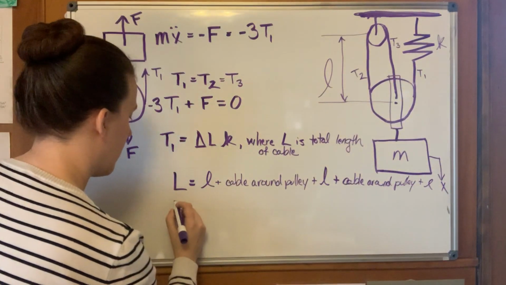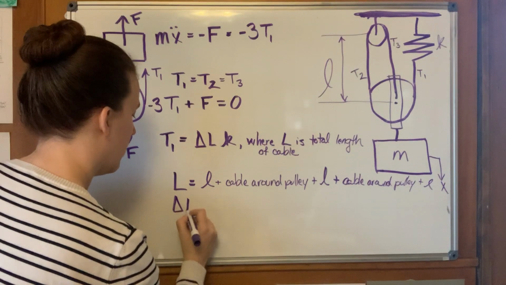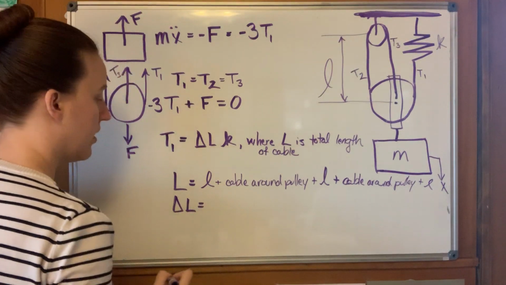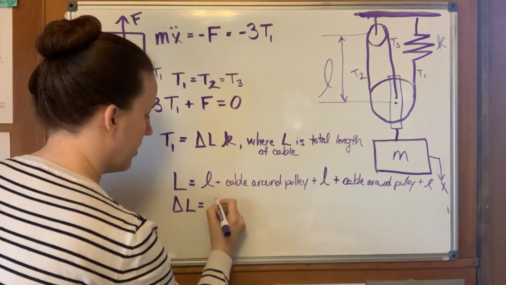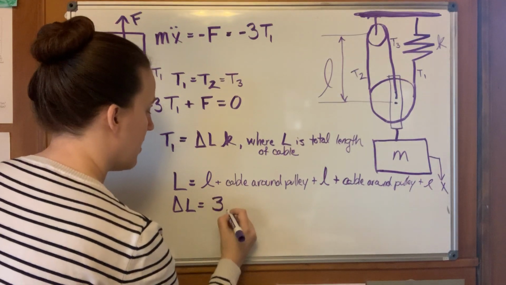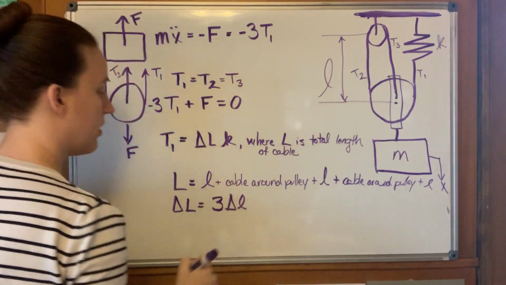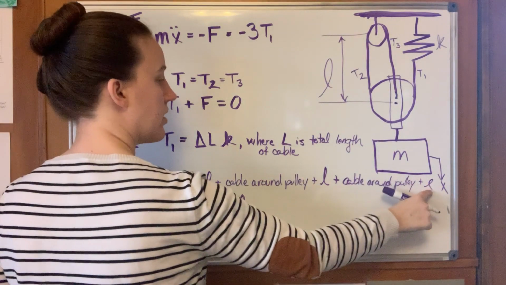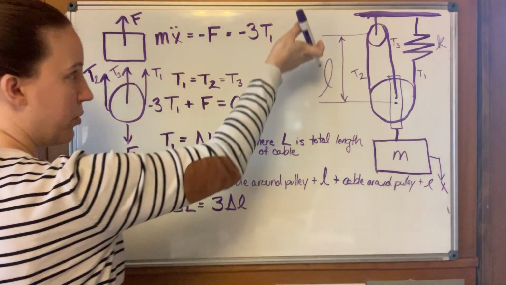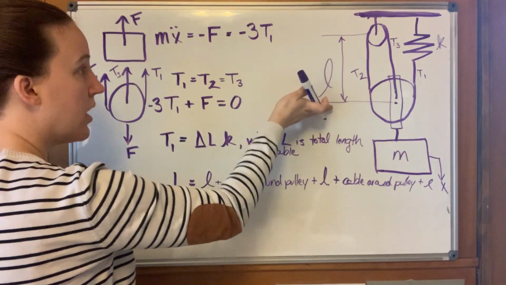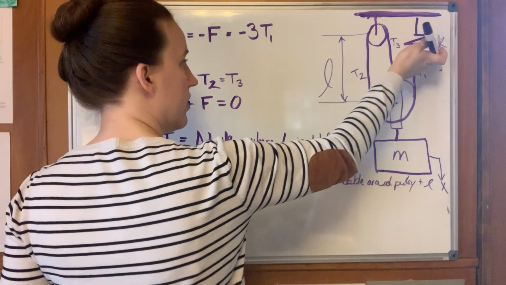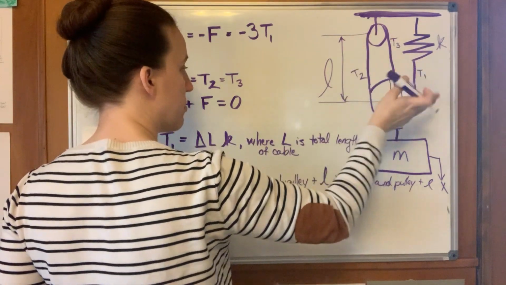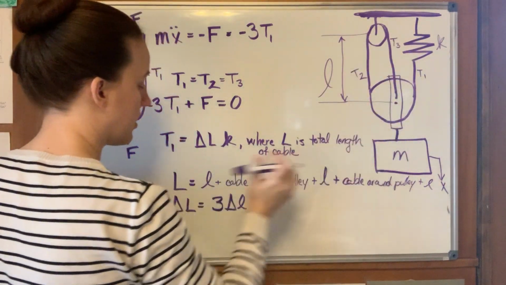So that means that the change in L is going to be equal to 3 times the change in little l, because there's 3 l's here. So when this l increases, that's really going to stretch this spring 3 times as much as however this increases.